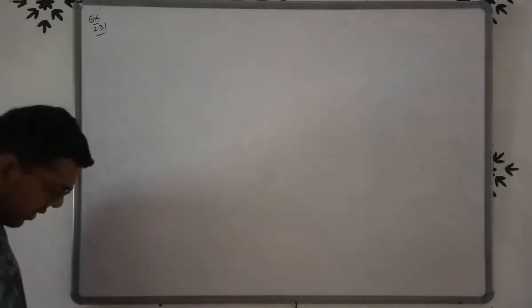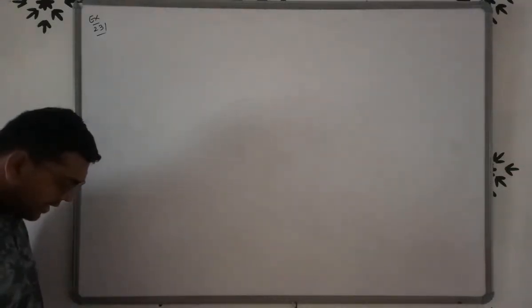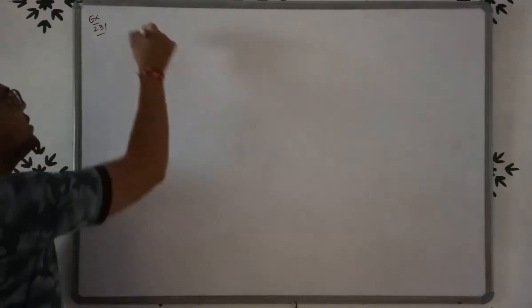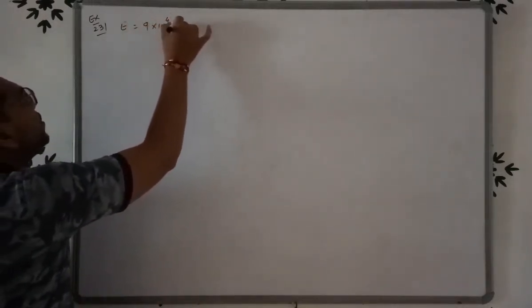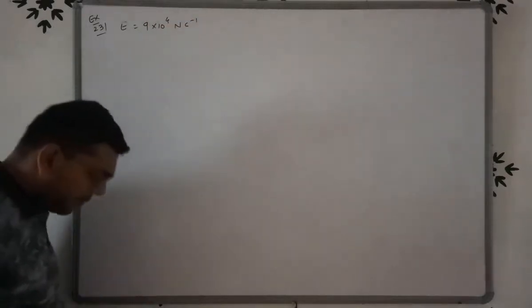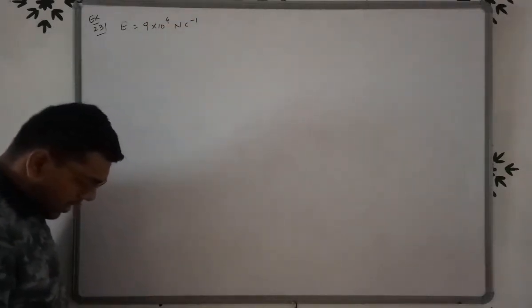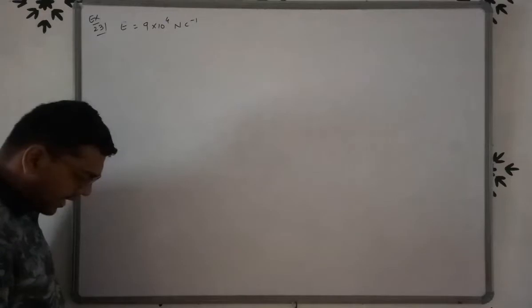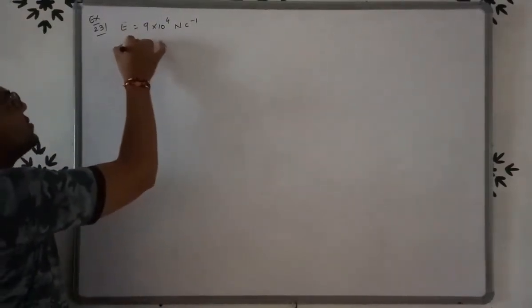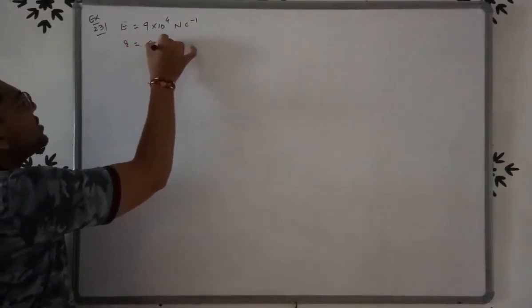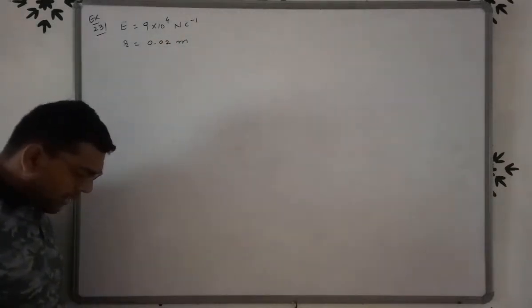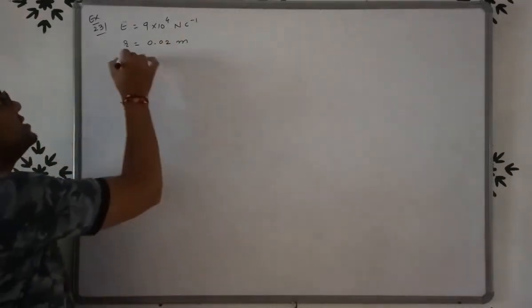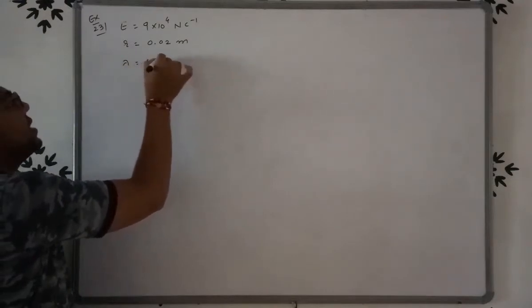So here the electric field is given: E is equal to 9 into 10 raised to 4 Newton per coulomb at a distance of 2 cm. So here R is equal to 2 cm, so 0.02 meter. We have to calculate the linear charge density, which is lambda.